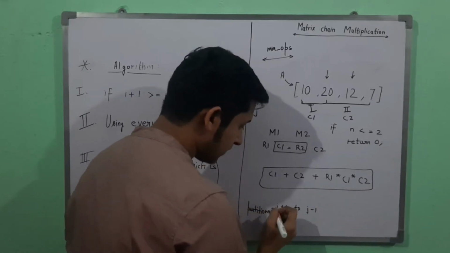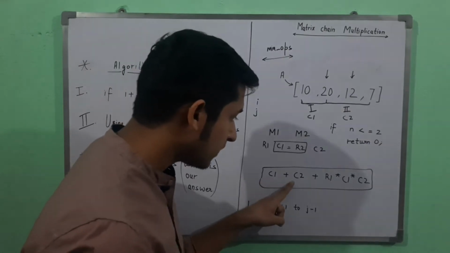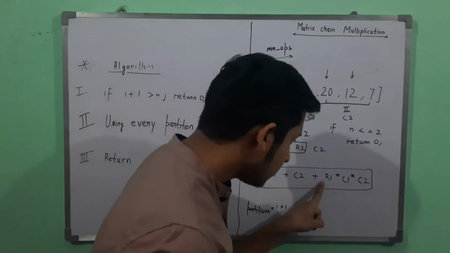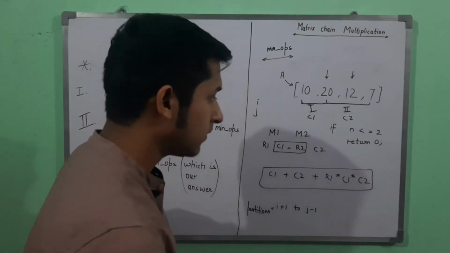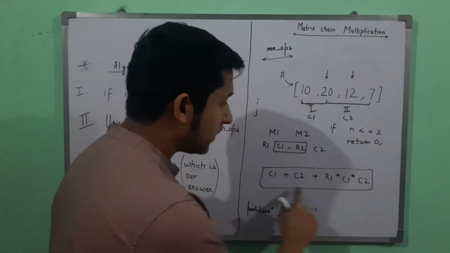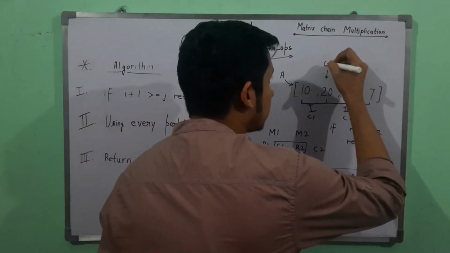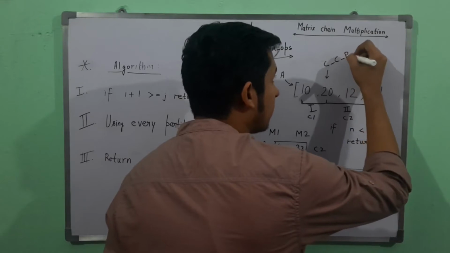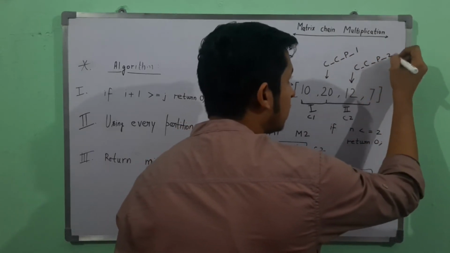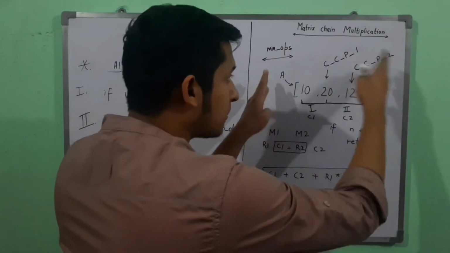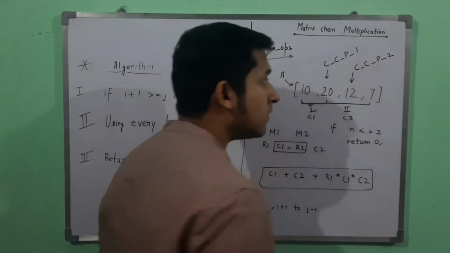And for every partition, I'll calculate the left subproblem, right subproblem, and the cost for multiplying these two submatrices, and that will be the cost for the current partition. This will give me the cost for current partition 1, this will give me the cost for current partition 2, and for this whole problem the answer will be the minimum of all of them.